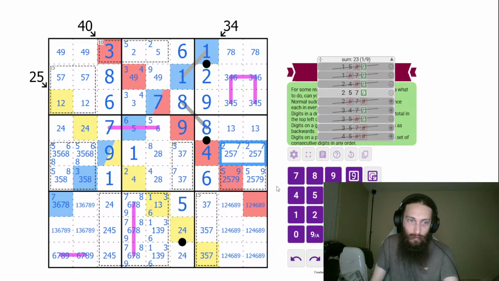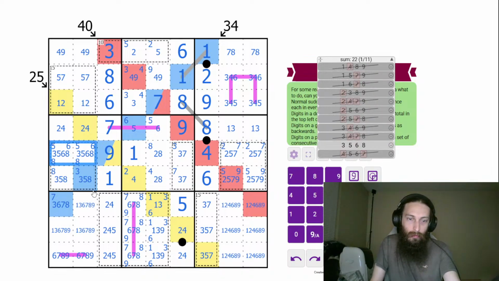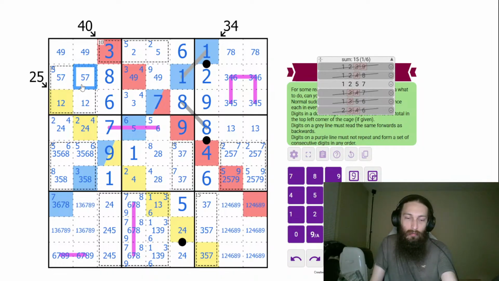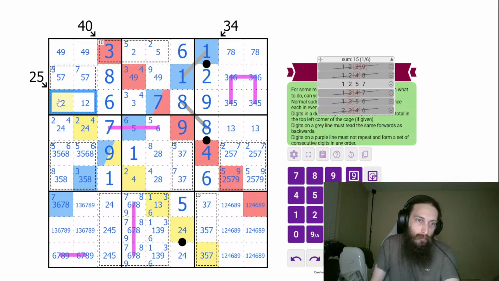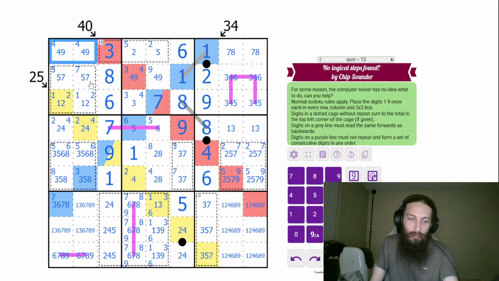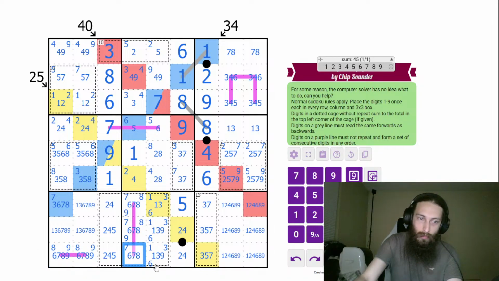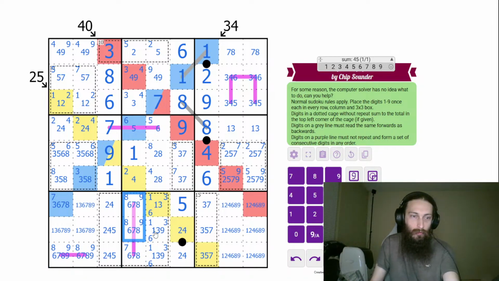So 5s are gone. 8 will be gone. 4. 7. 6, 7, 8, 9. 7 would make that an 8, 9 pair. Take 8, 9 out. 7.